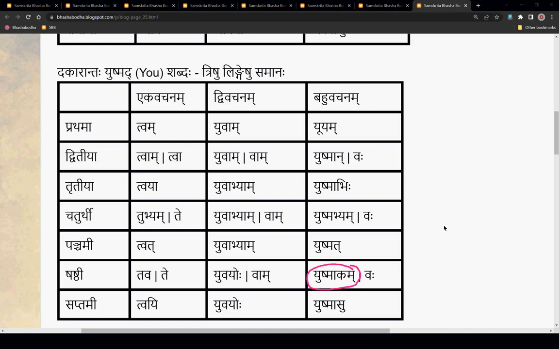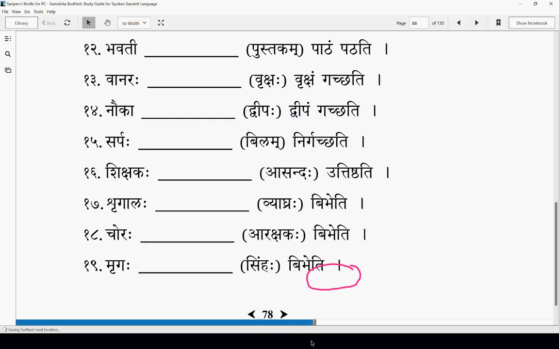Any question? No, so we'll stop here today. We covered all the Vibhaktis with Sambodhanam so far.